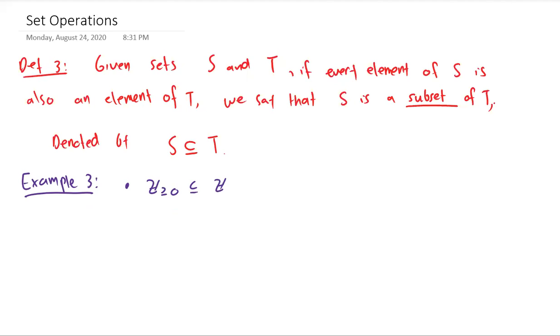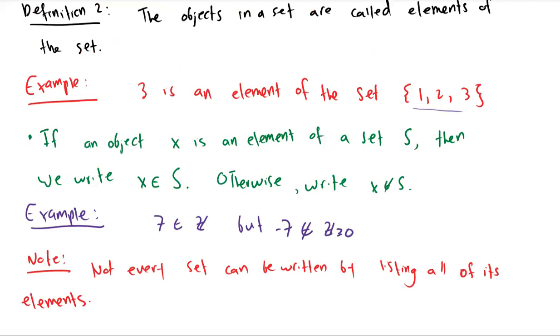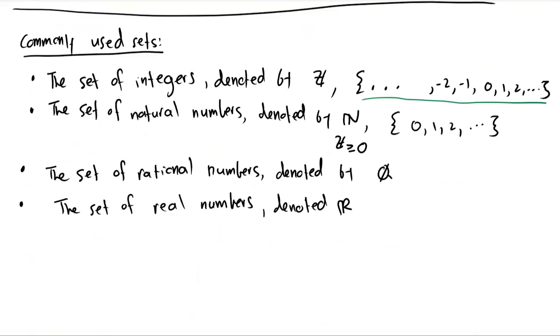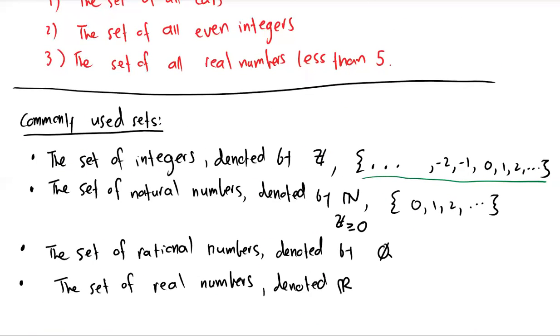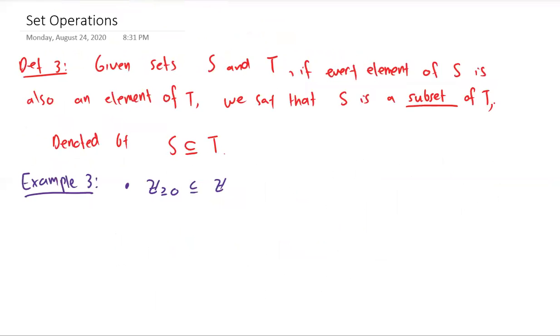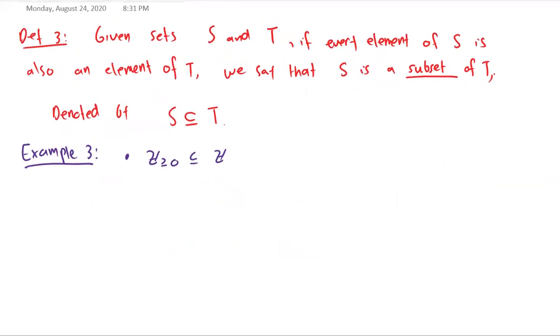Because if you look at the definitions here, of commonly used sets, every natural number is also an element of the set of integers. Right? 0 is in there, 1 is in there, 2 is in there, etc. So the set of natural numbers is a subset of the set of integers. And this you want to read as "is a subset of".